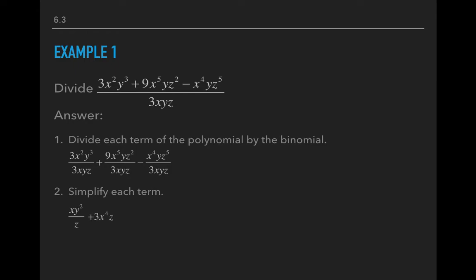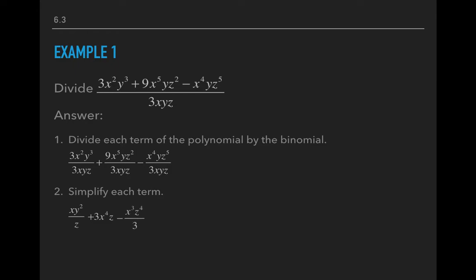Your next term, 9 divided by 3 is 3. X to the 5th over x, you can cancel one out, that gives you x to the 4th. Your y's cancel out, and you're able to take out one of your z's, so you'll just have one z in your numerator.